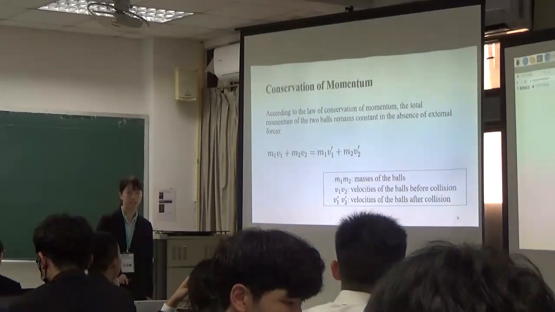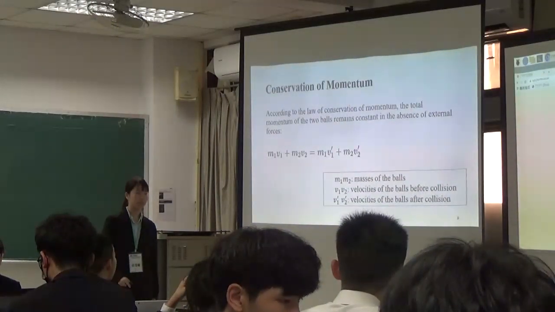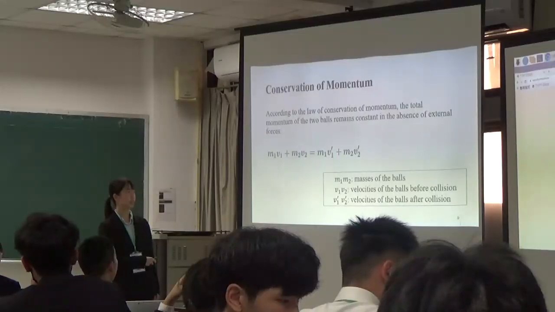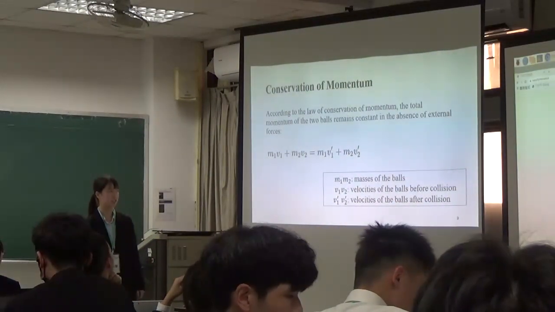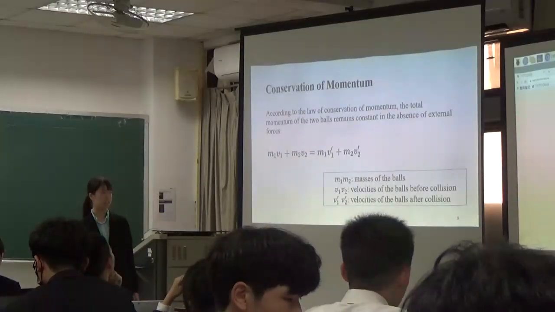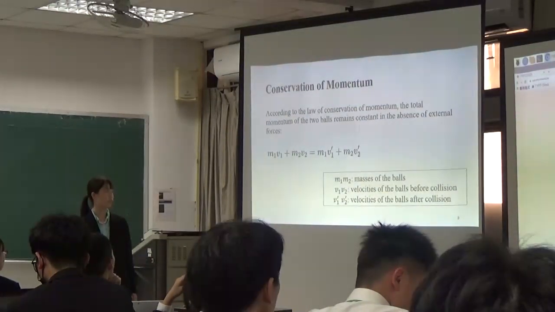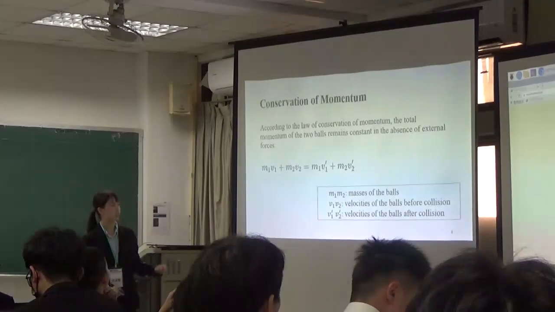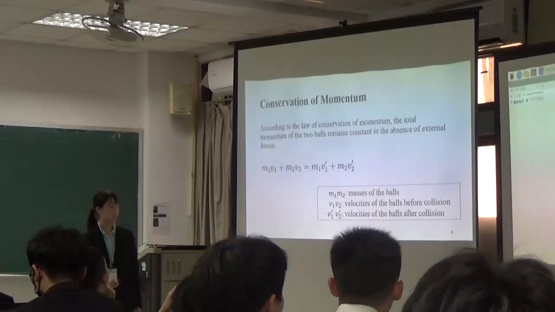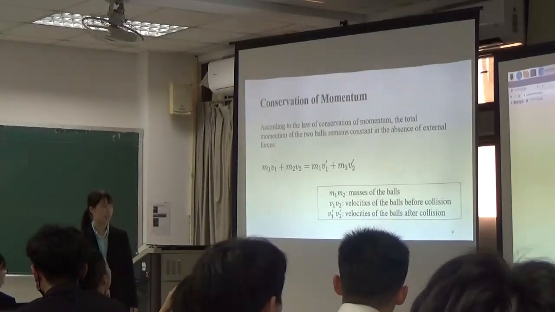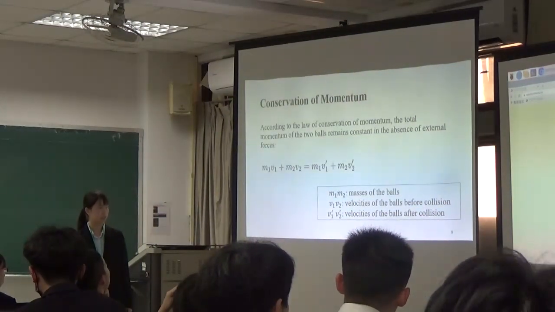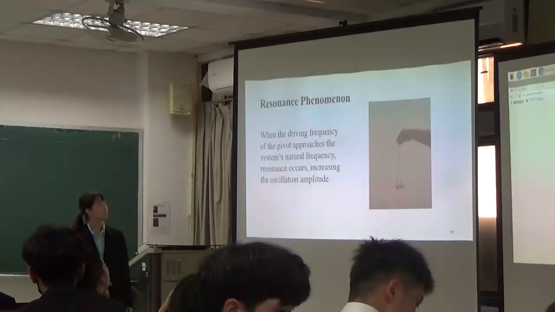In the lato, we want to pay attention that the conservation holds just in the horizontal direction, because in the horizontal direction there is no external force. And this is the equation. 1 and 2 are the masses of the balls, and v is the velocity of the balls before collision. V prime is the velocity of the balls after collision.